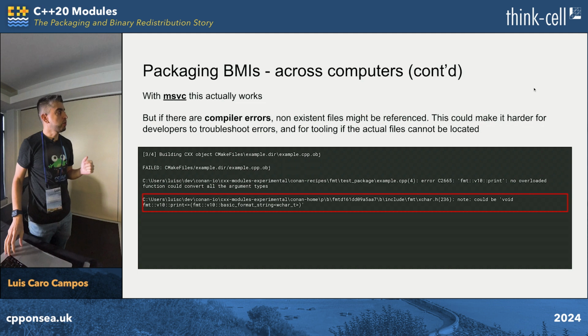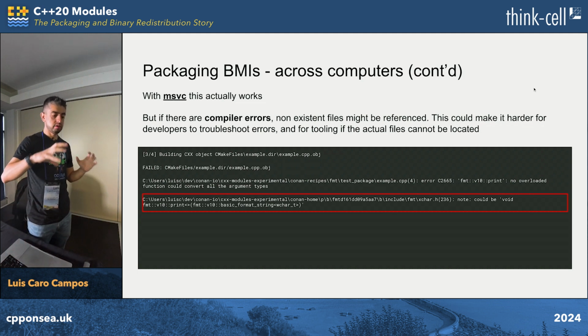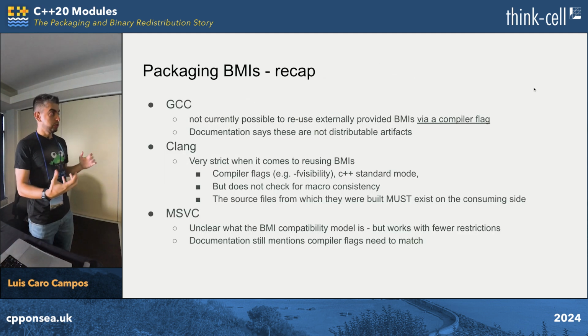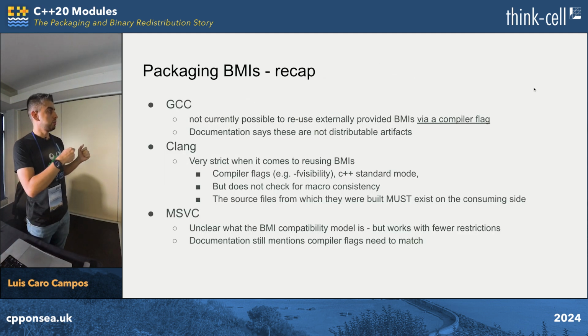So as a recap, when it comes to having a package mechanism where we have the library file, whether it's libfmt.so, the .a, or the Windows equivalent, and the BMI, everything points to us not doing this. With GCC, it's not even easy to tell GCC, hey, for this module, use this file, but that's a different story.